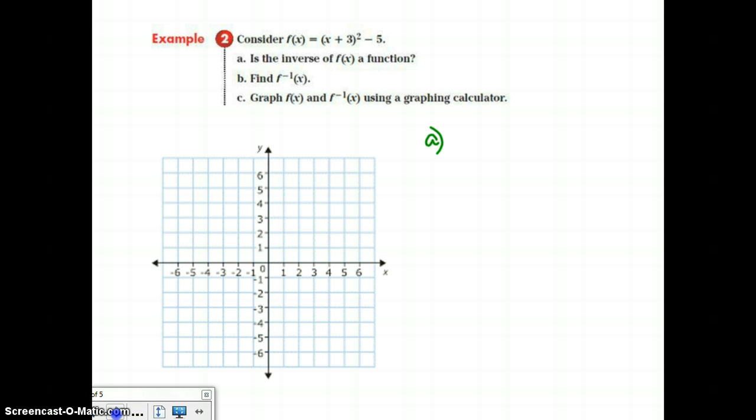To find A, what we're going to do first is go ahead and just graph f of x, and let's take a look and see what it looks like. And by graphing it, we can use the horizontal line test and see if it will pass the horizontal line test. So when I graph f of x equals x plus 3 squared minus 5, it's going to look about like this.